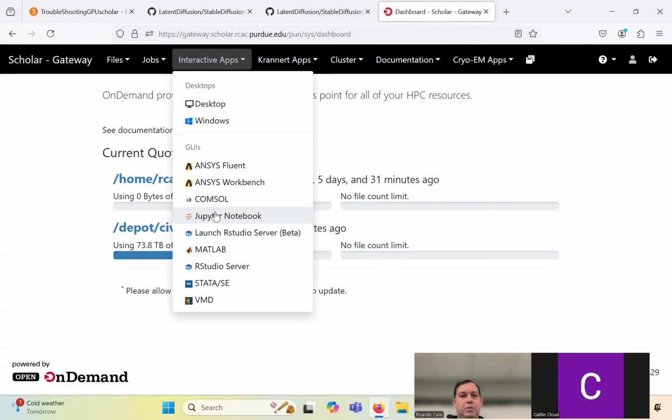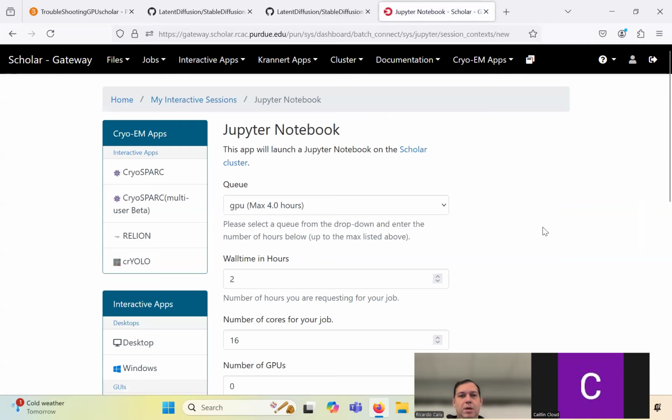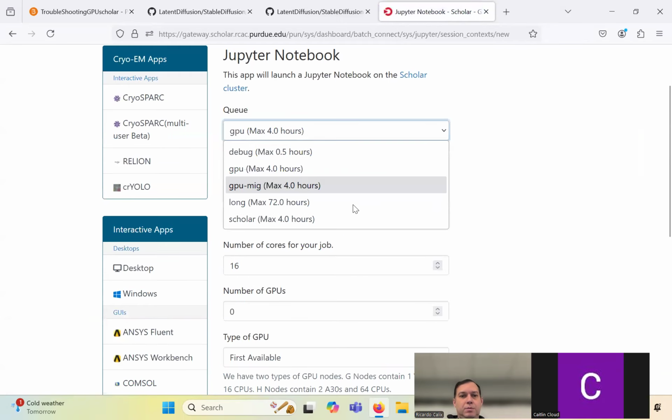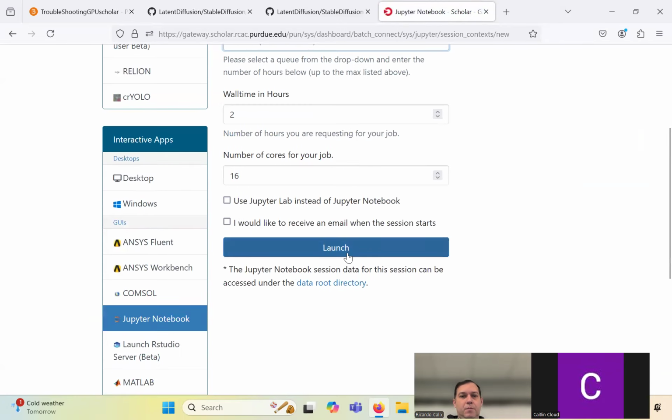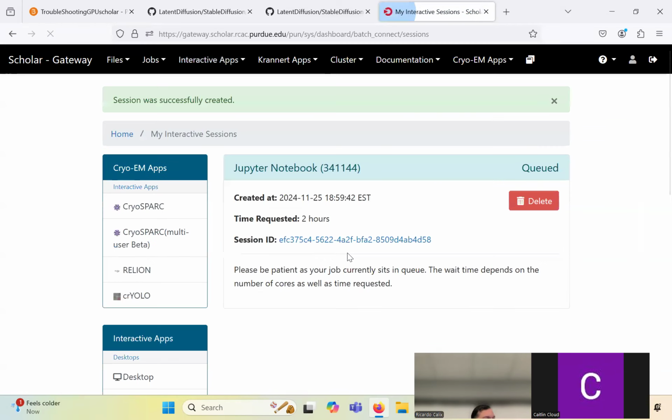So Jupyter. I don't need a GPU, so I'll just do Scholar, launch.